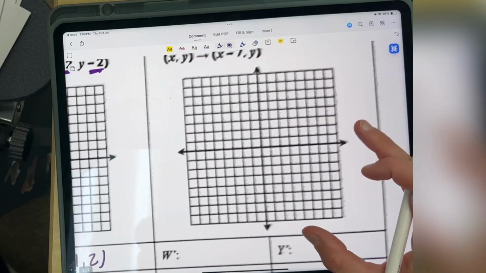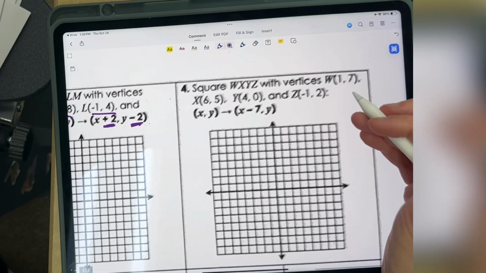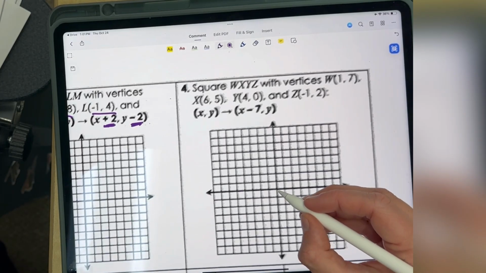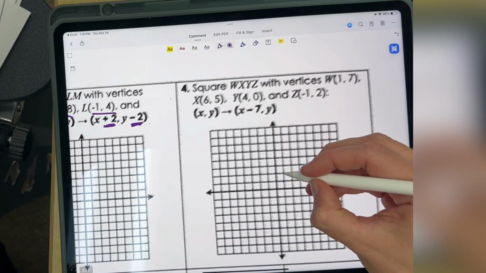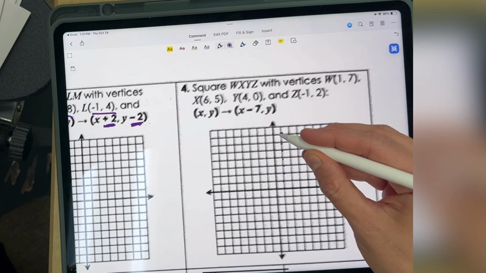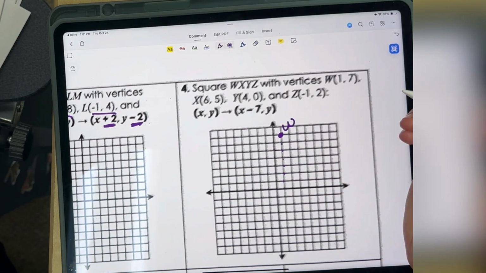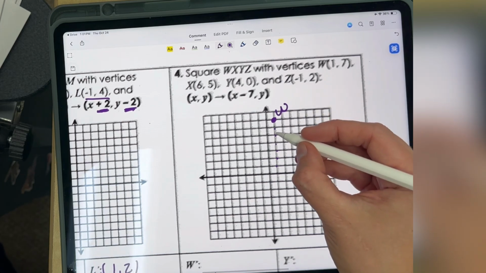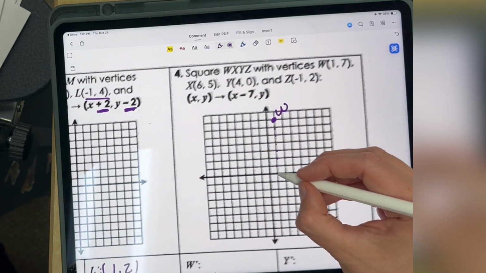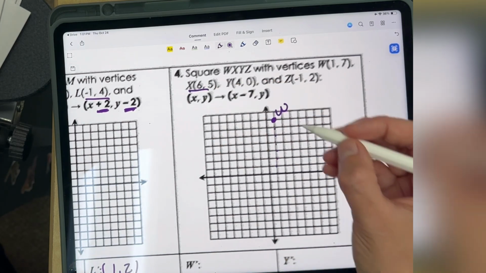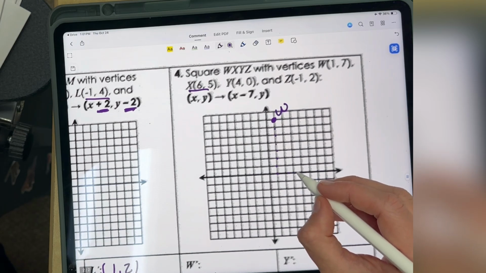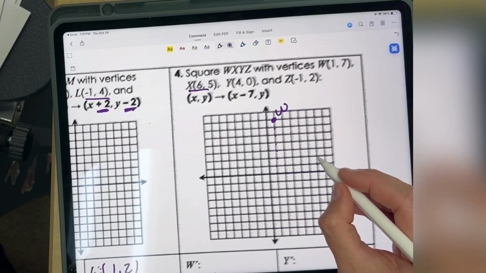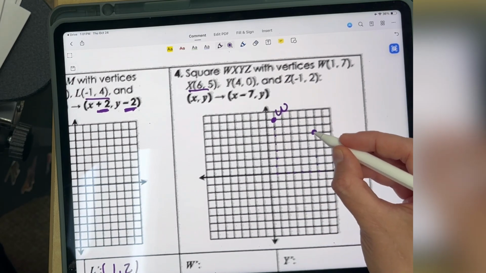Okay, we're actually going to graph these ones. Okay, these vertices, W is at 1, 7. So that means go over 1, up 1, 2, 3, 4, 5, 6, 7. You should be able to graph a little faster at this point, okay, guys? The next one is X at 6, 5. Right here, so 1, 2, 3, 4, 5, 6, up 1, 2, 3, 4, 5.